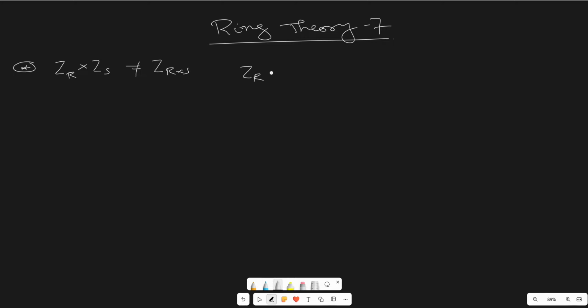You just have to show that Z(R) cross Z(S) is contained in Z(R cross S), and this is not equal, it is properly contained. This is easy to show. You just take any element here and show it is over here.